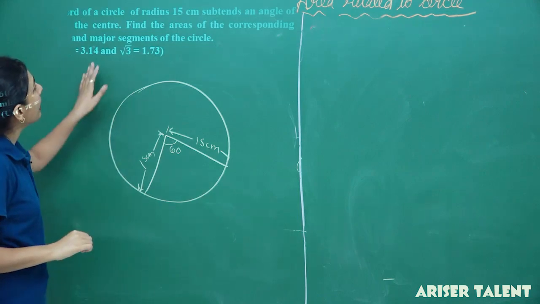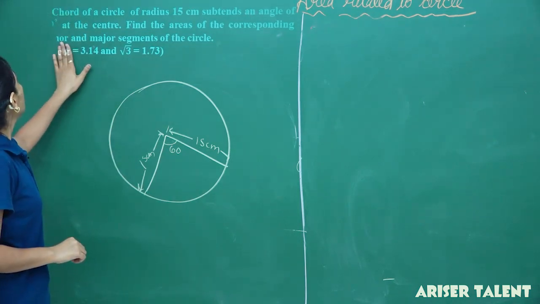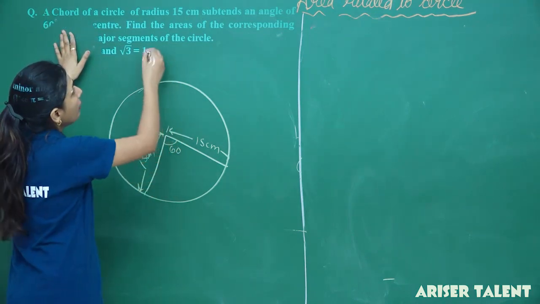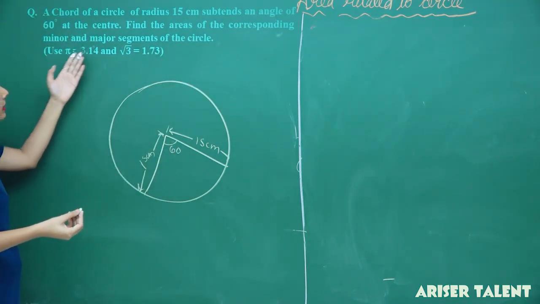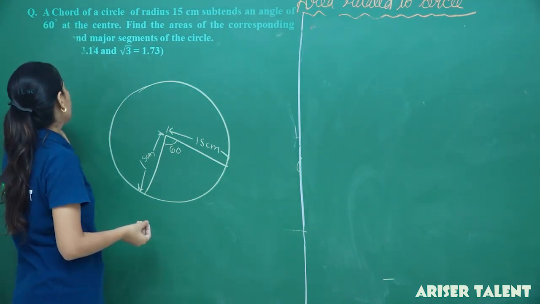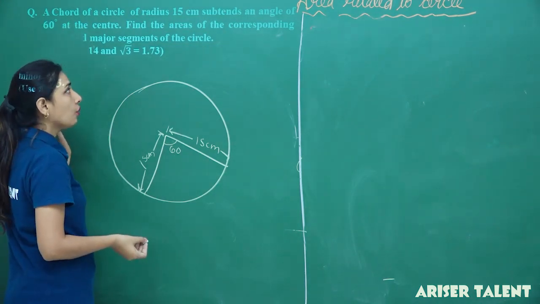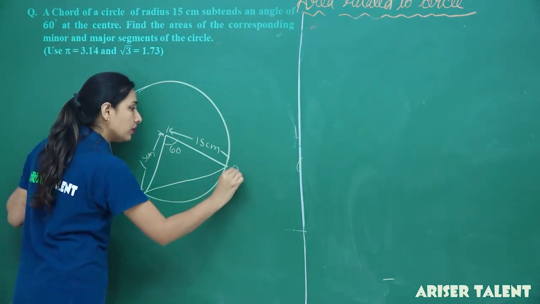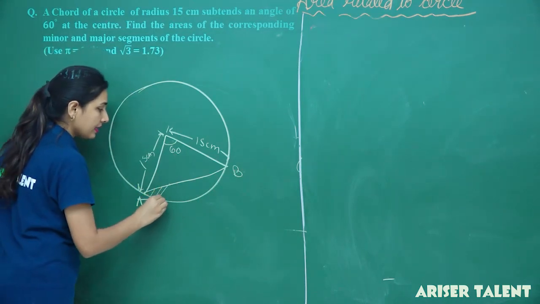Now it is saying to find the area of the corresponding angle, angle 60. Find the areas of the corresponding minor and major segments of the circle. Use pi equals 3.14 and root 3 equals 1.73. So here it comes with this chord AB. Now we have to find this area.